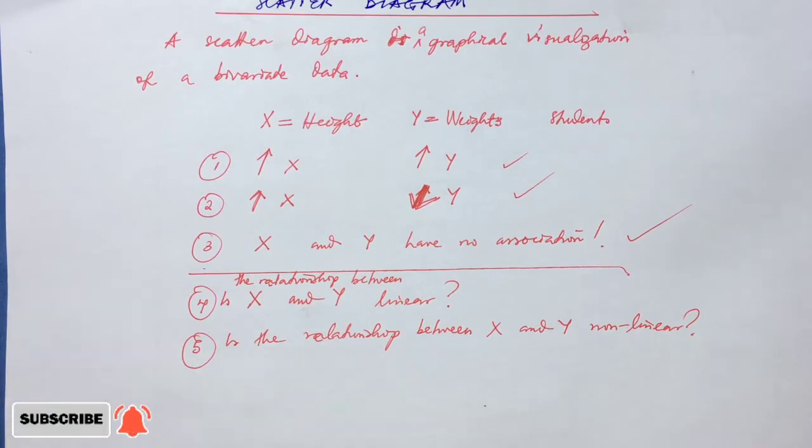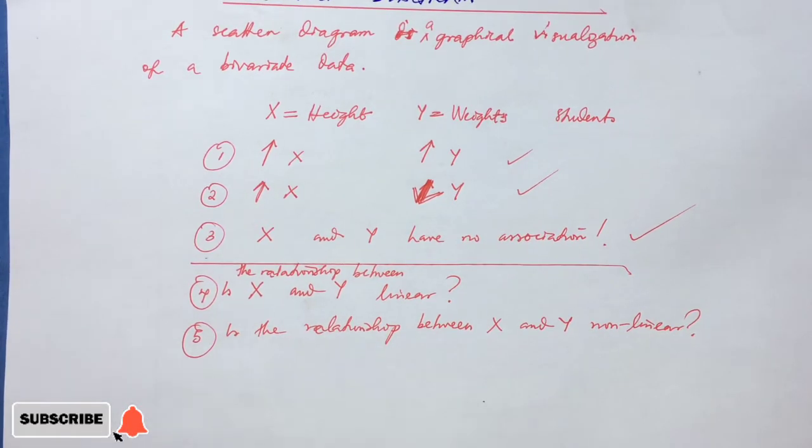It is any data that considers simultaneously two variables in relation to a particular thing. It may be that we are considering the height and weight of students, or the scores of students in mathematics and in English.